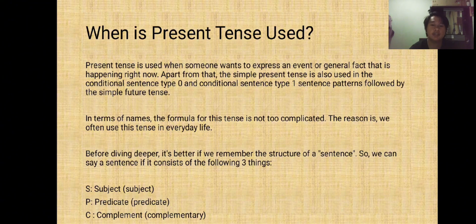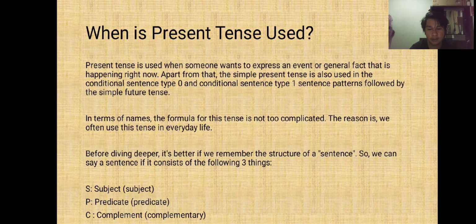Apart from that, the simple present tense is also used in conditional sentence type 0 and conditional sentence type 1 patterns followed by the simple future tense. In terms of names, the formula for this tense is not too complicated. The reason is we often use this tense in everyday life.